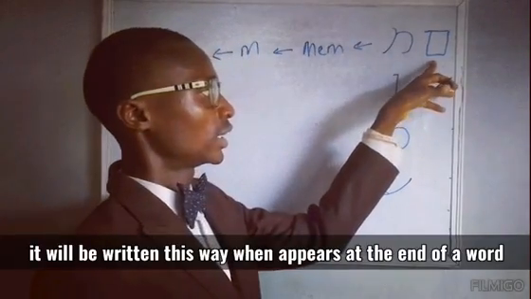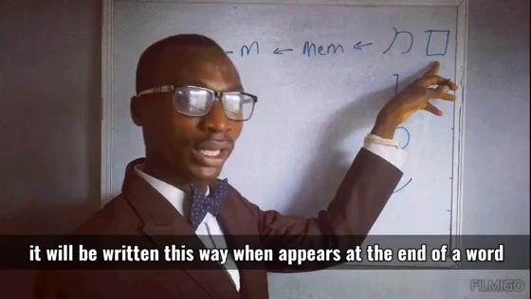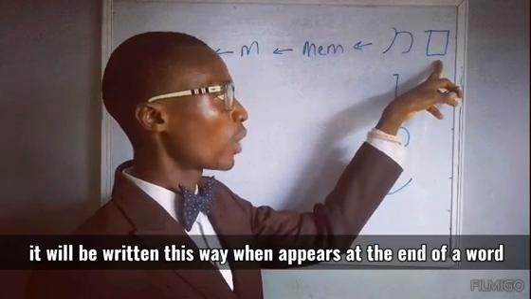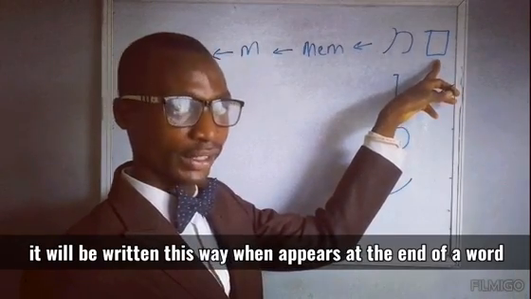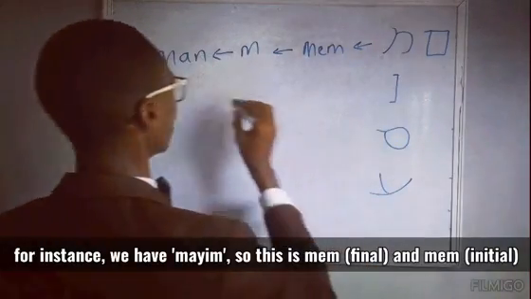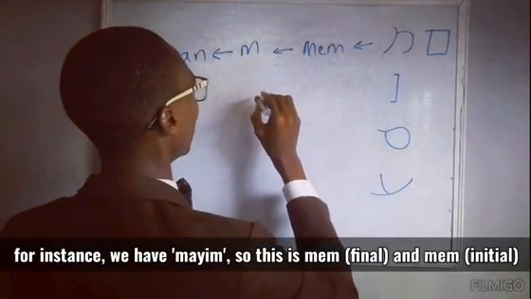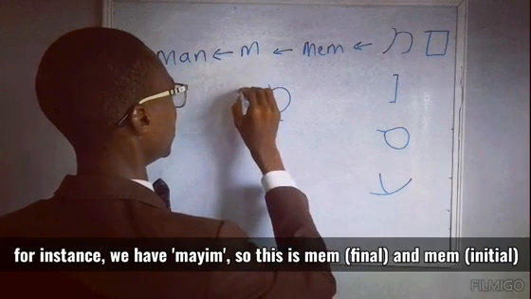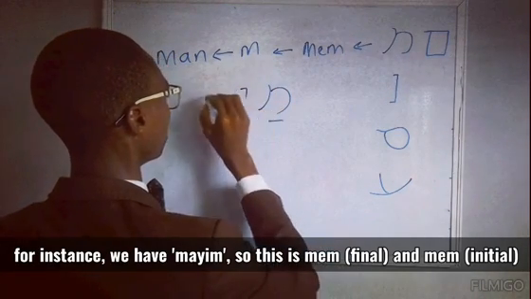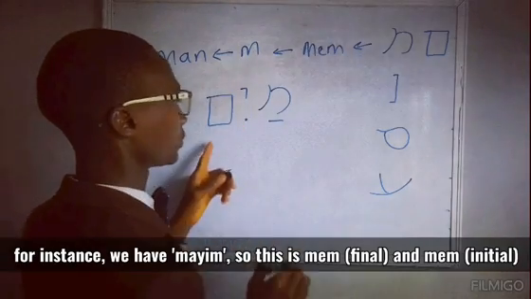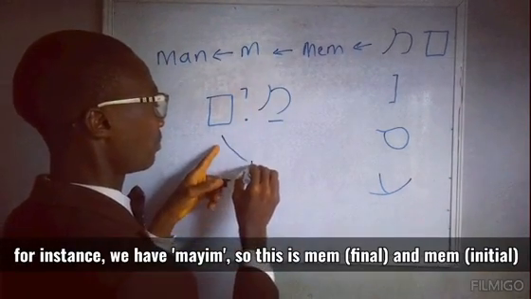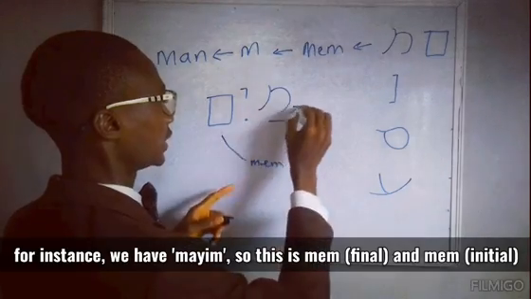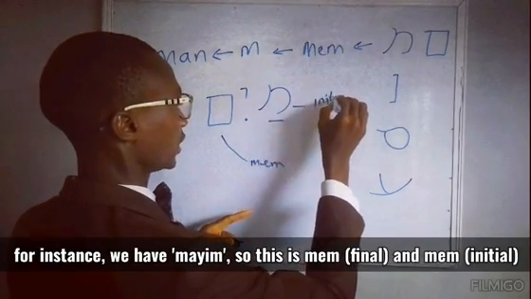This is also Mem, and it is written this way when it appears at the end of a word. For instance, we have Mayim. So this is Mem at the final stage, and this is Mem at the initial stage.